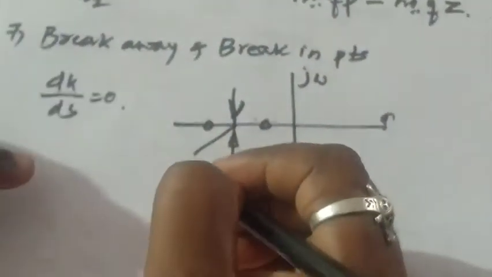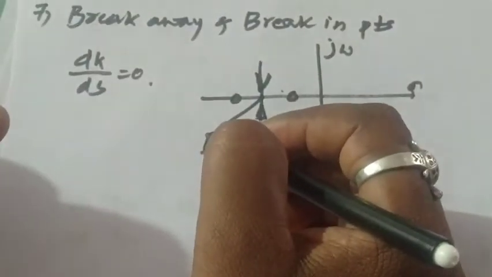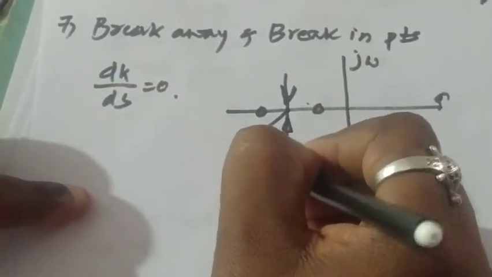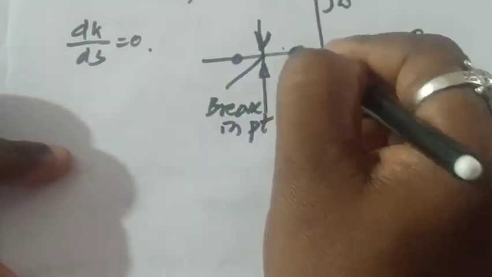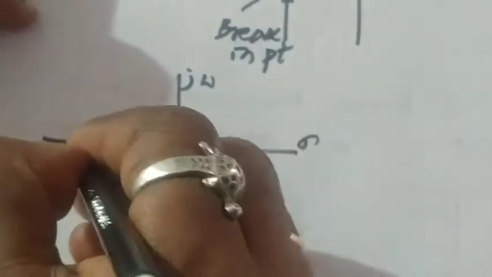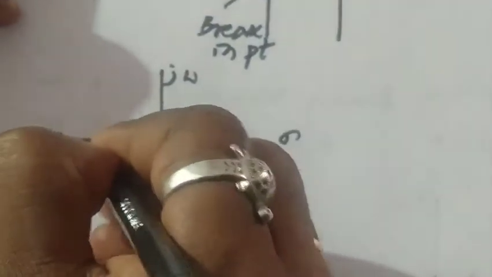Break-in point will be there for zeros. Break-in point will be between two zeros and breakaway point will be between poles. You see, these are the two poles, P1 and P2. From the point you calculated, the arrow mark will be going away from this point, between two poles.